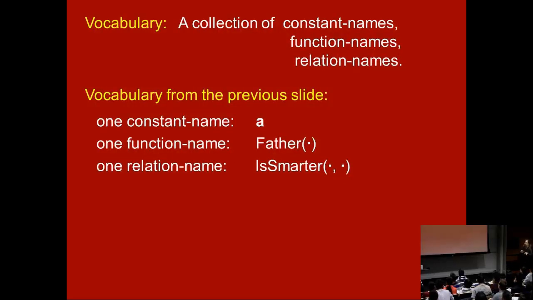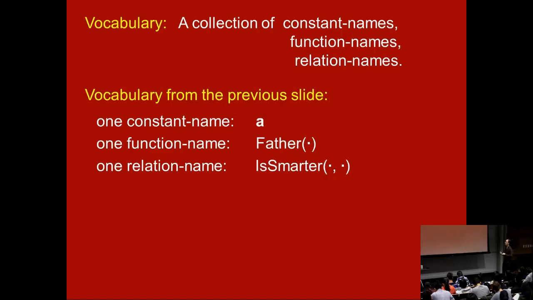Okay, so let me be a little bit more formal about what goes on in first order logic. So one ingredient in first order logic, before you start to do it, in propositional logic, usually the first thing you say is, okay, these are my variable names, like x, y, and z, or whatever. In first order logic, you have to sort of start by saying, this is my vocabulary. Okay, and vocabulary has three components: a collection of constant names, a collection of function names, and a collection of relation names.